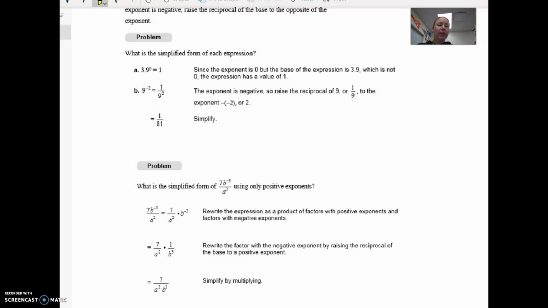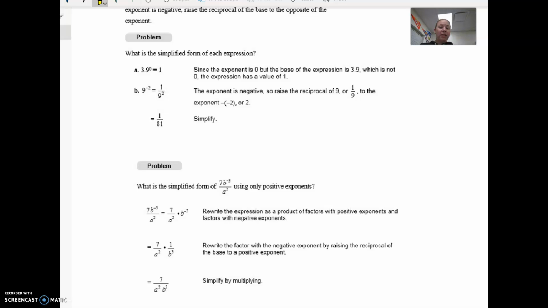If your exponent is 5 or greater, then we would just leave it in exponent form, okay? So since the 2 is less than 5, we would go ahead and simplify 9 squared and write it as 1 over 81, okay?